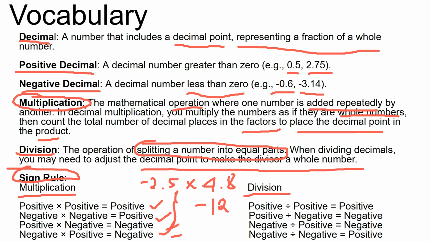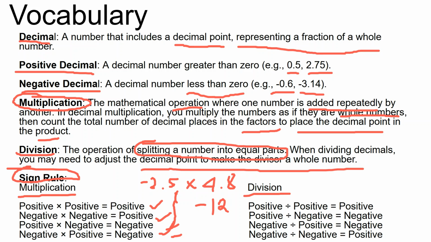Now for division, we'll have positive divided by positive is positive. Again, positive divided by positive is positive. It's pretty close to multiplication, but the only difference is the operation, of course.